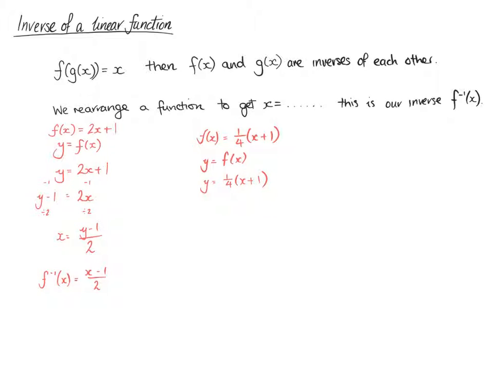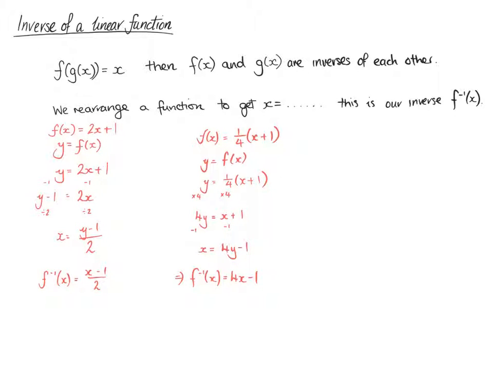First thing we're going to do is get rid of that quarter by multiplying by 4. If we do something to one side, we have to do it to the other side as well. So we get 4y is equal to x plus 1. Then we take away 1 from both sides, so we get that x is equal to 4y minus 1. Therefore, the inverse function of x is equal to 4x minus 1.